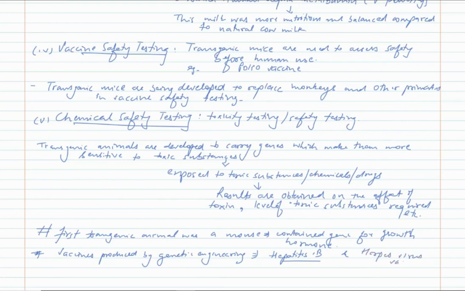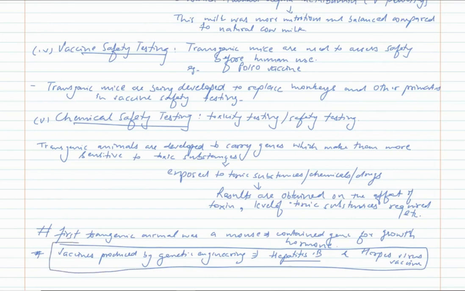Although this does not relate to transgenic animals, it is an important point to remember that hepatitis B and herpes virus vaccines are transgenic or genetically engineered vaccines.